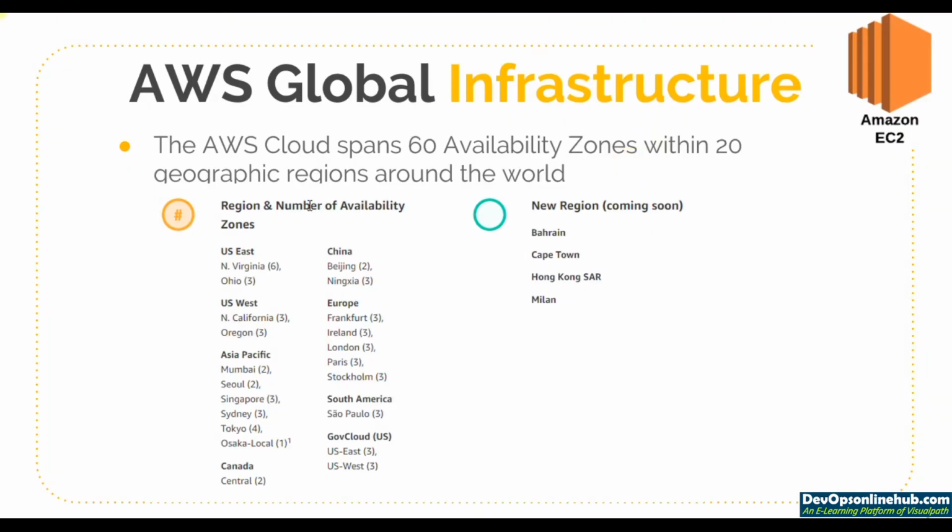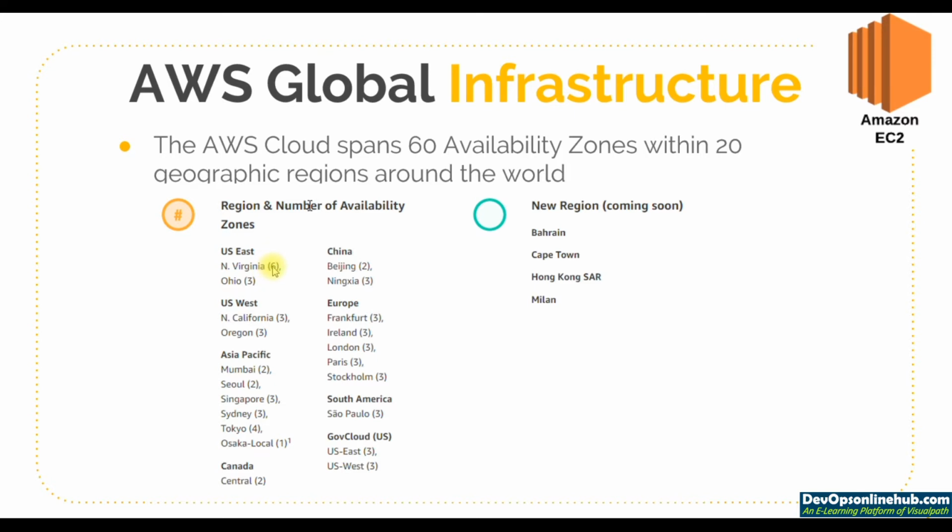First of all, regions are to make AWS's presence in a particular geographical location. Like in the US, there are plenty of regions. Then they have some in China also, and in Europe they have a presence, you see there, Frankfurt, Ireland. And this number that you see over there, like North Virginia, 6, these are zones.